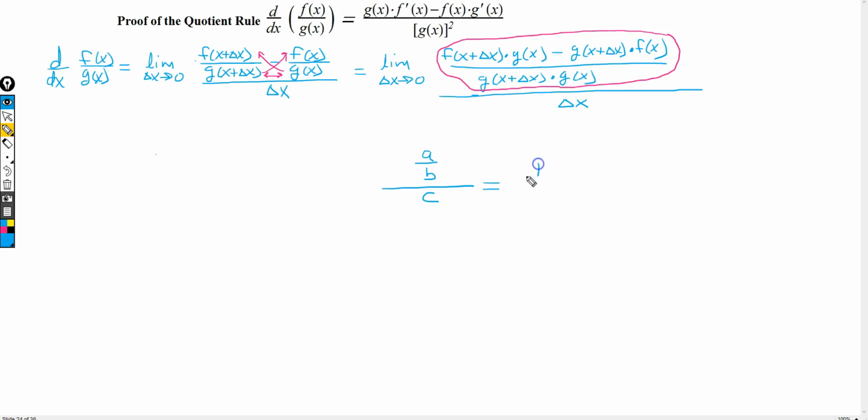We're going to write this as 1 over b times a over c. Alright? You see, because the 1 over b you can think of as just being a number and multiplying it into the numerator, and you get a over b. So we're going to pull this b out and write it as 1 over b in front. And the b is our g times g.